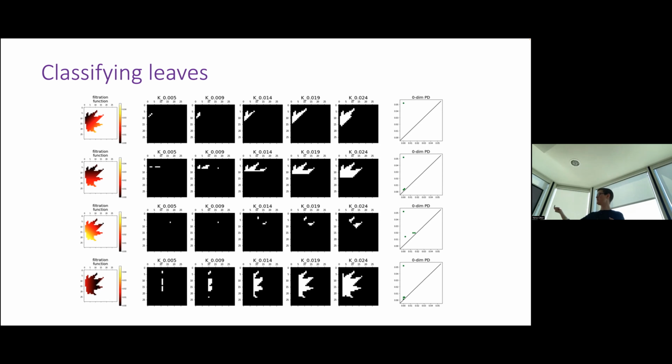But again, one can refine this. For example, here we just kept track of the second most long-lived component, but one could also decide to keep track of the third and fourth and so on, because we might have very interesting sources of concavity that one is able to capture that way.